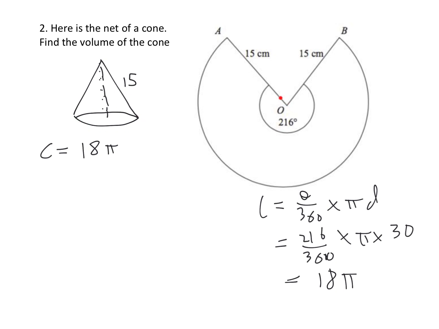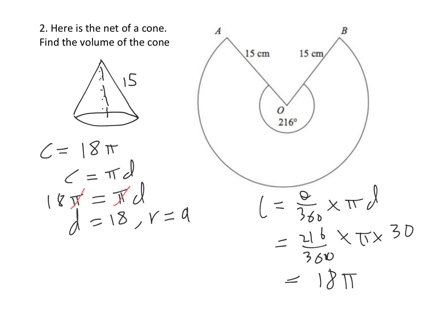The radius of this one is 15. The radius of this one is going to be smaller, and we can work it out using C equals pi d. If C equals pi d, and the circumference is 18 pi, that means 18 pi equals pi d, so the diameter of this circle at the bottom of the cone would be 18, or its radius would be 9.